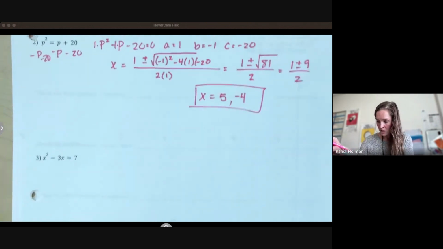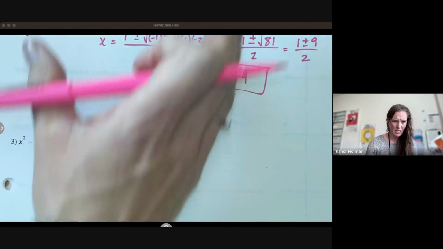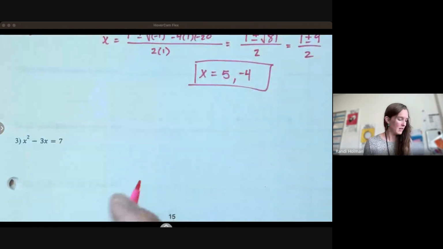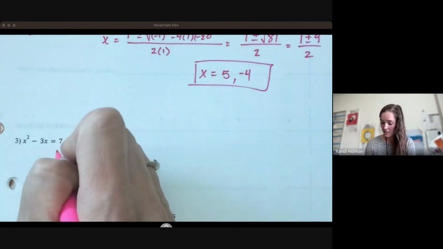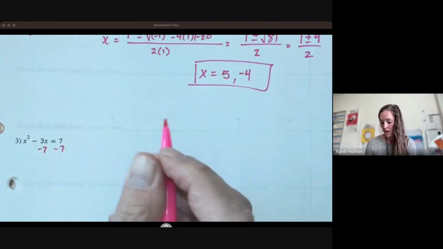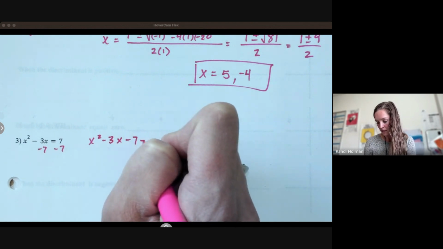Okay, another example here. I start with x squared minus 3x equals 7, almost in standard form, but not quite. So you just need to subtract 7 from both sides to get that on its own. Now I have x squared minus 3x minus 7 equals 0.